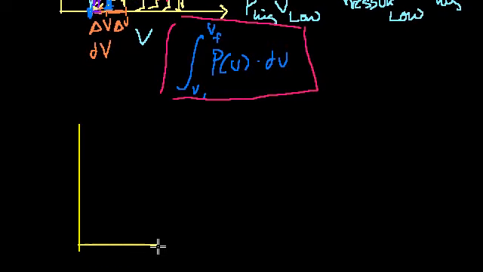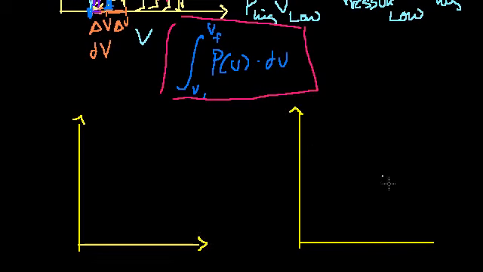So it's pressure, volume. I'm actually going to do two graphs here. All right. So in the first one, pressure, volume, we started here at 1, and we went here to 2.